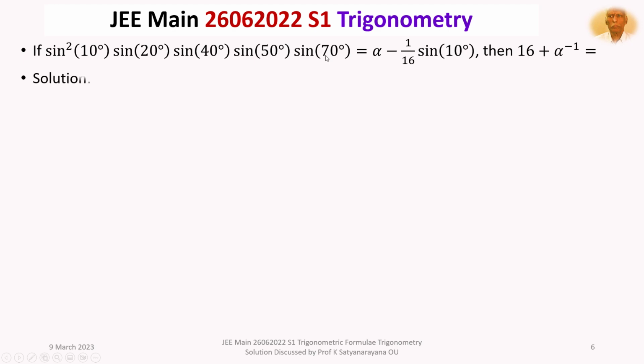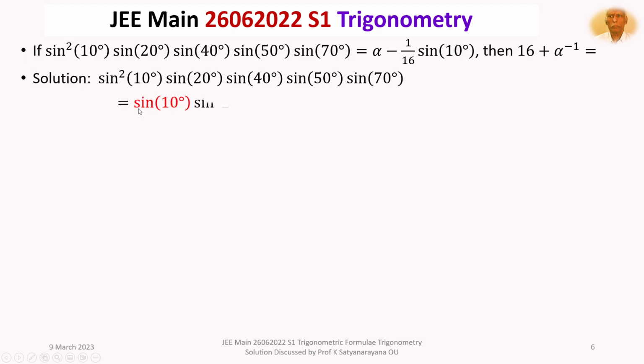We now discuss the solution of the problem in detail. We take the given trigonometric expression, sine square 10 degrees multiplied by sine 20, sine 40, sine 50, sine 70. This sine square 10 we write as a product of sine 10 and sine 10.